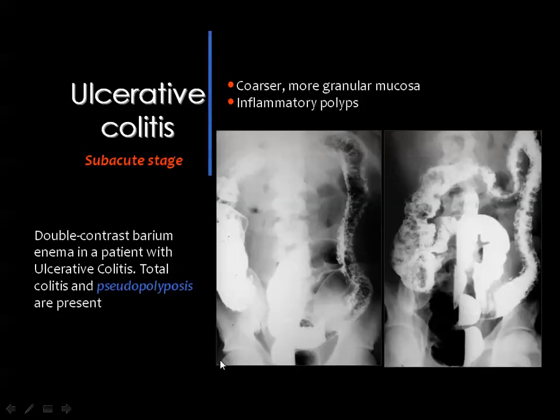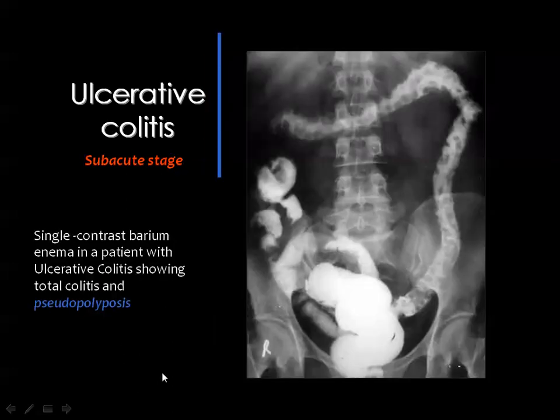Then in the subacute stage, you get coarse granular mucosa and inflammatory pseudopolyps. These pseudopolyps are actually the hypertrophy or prominence of the colonic mucosa to compensate for the function of the ulcerated mucosa, which are seen in Crohn's disease on a similar basis.